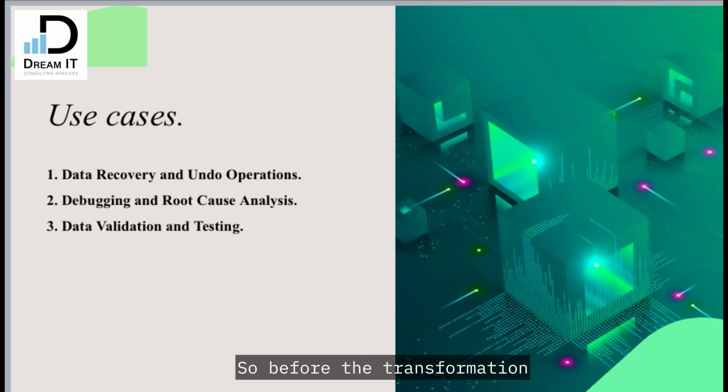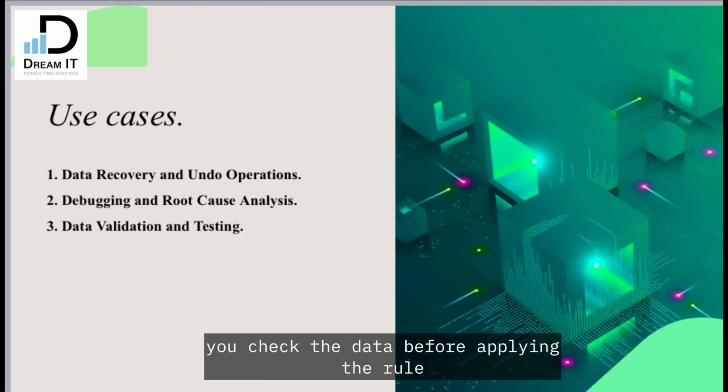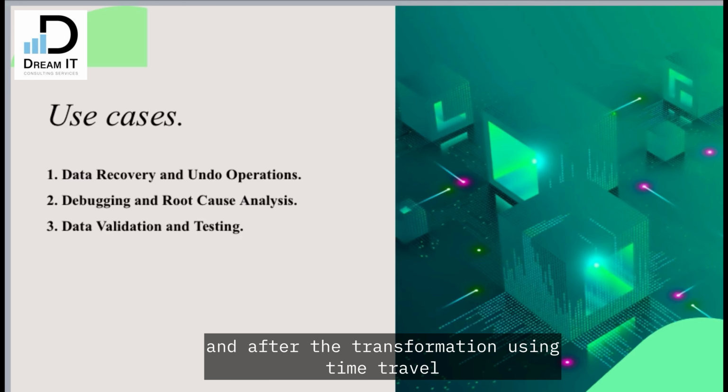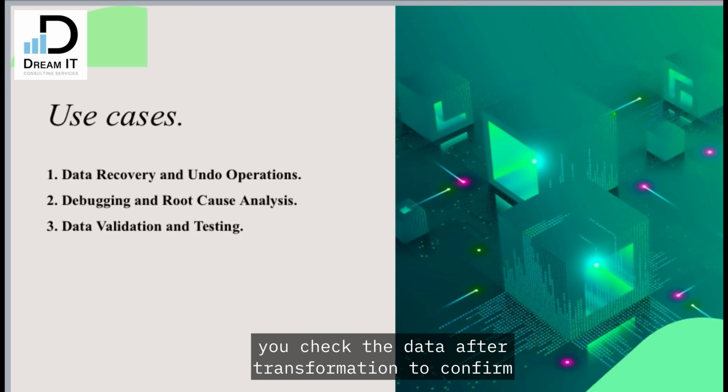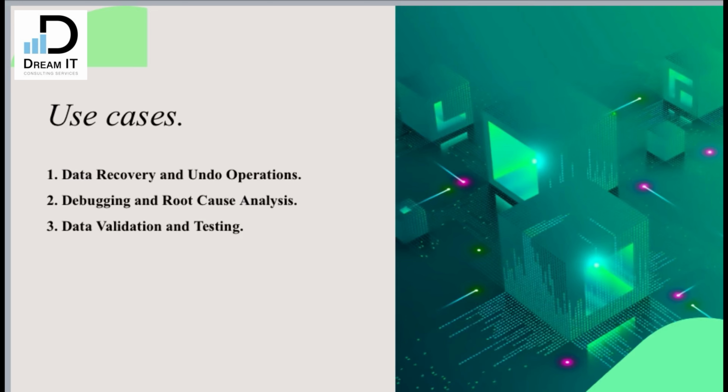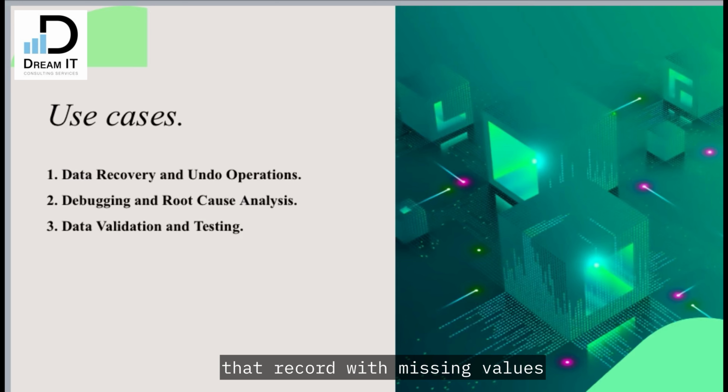Before the transformation, you check the data before applying the rule, and you see that there are some records with missing values. And after the transformation, using time travel, you check the data to confirm that the rule correctly removed the records with missing values.